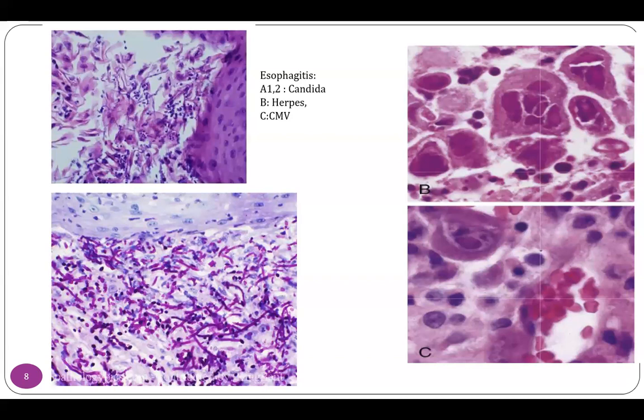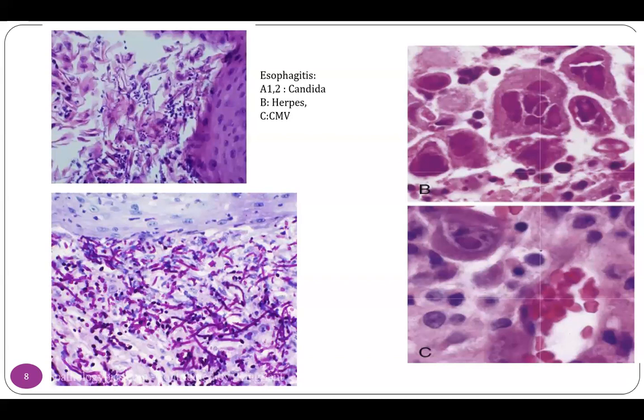Okay, this is the microscopic. Now what we see grossly, in the endoscopy, for cytomegalovirus and herpes. Remember, as I said, anywhere, not just in the esophagus. This represents the characteristics of the pathogen itself.